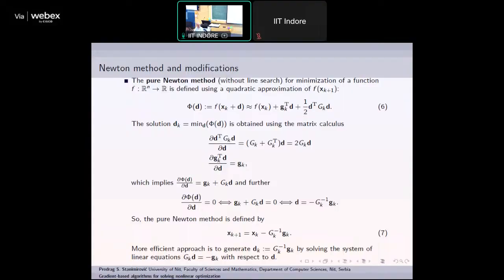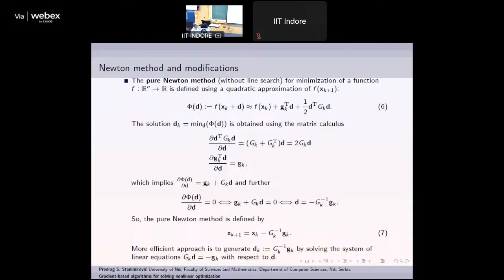Fast and wide method. If we start far from the minimum, then it is difficult to obtain convergence. If we start near the minimum, convergence will be fast. For quadratic functions, we will obtain convergence very quickly.